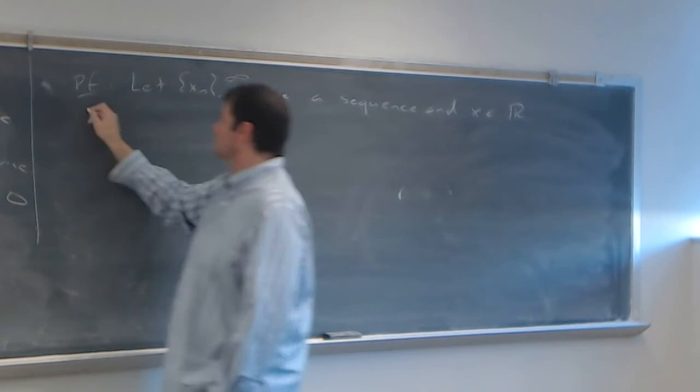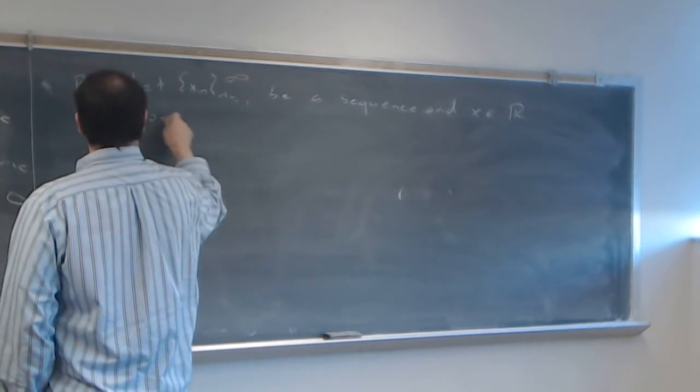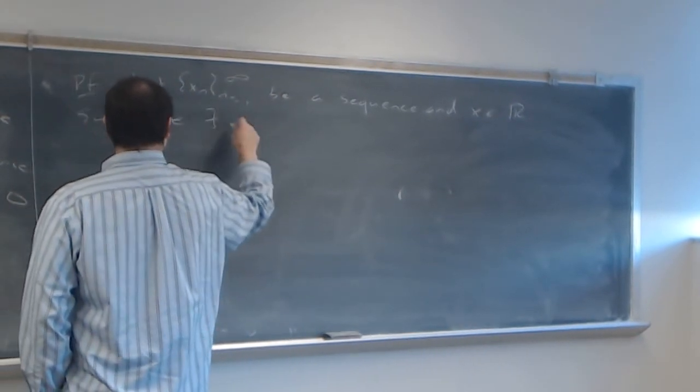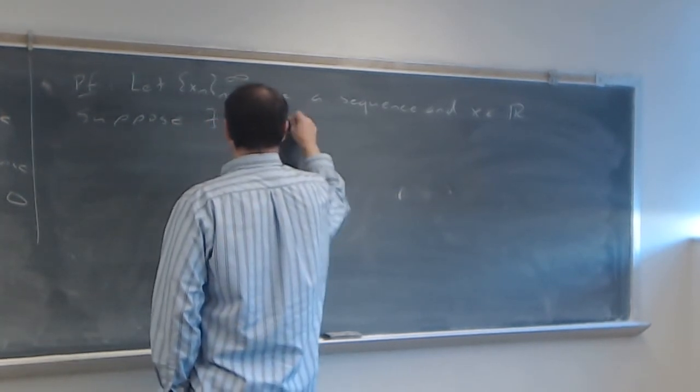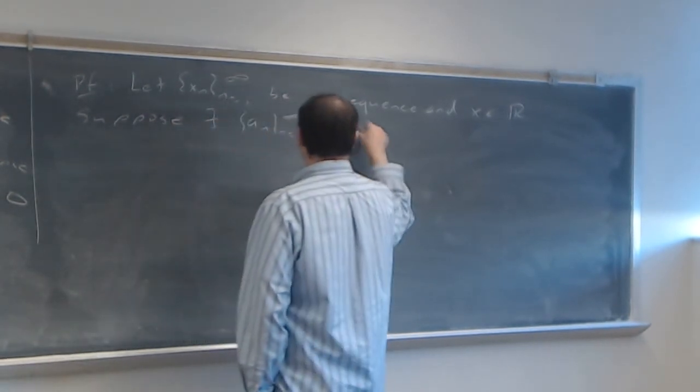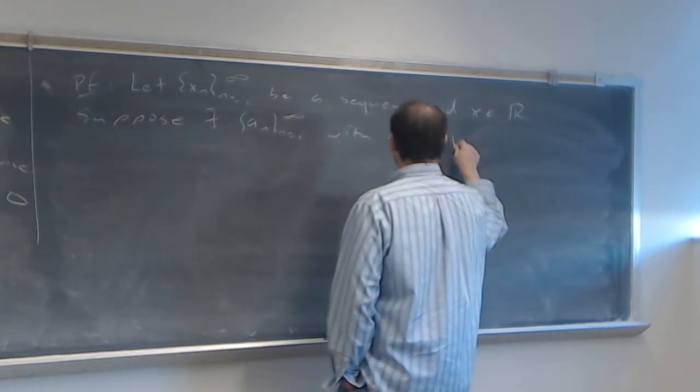I'm going to suppose there exists an a sub n with a sub n being greater than 0 for all n.